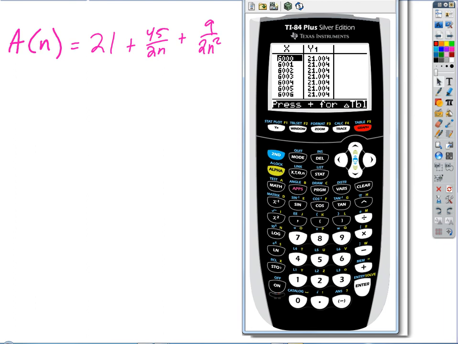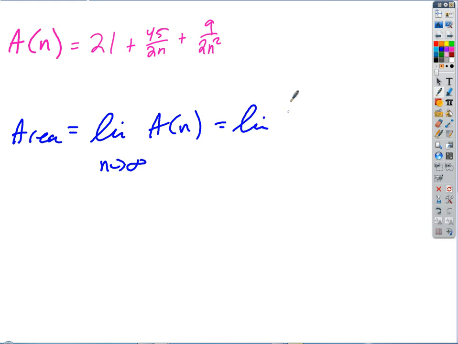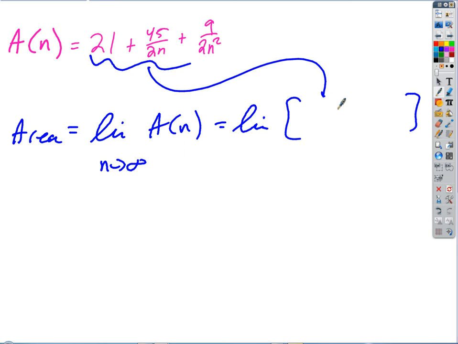So let's try that. What if we say that the exact answer must be equal to the limit of a sub n as n approaches infinity, right? Well, that's the limit of just this stuff, right?